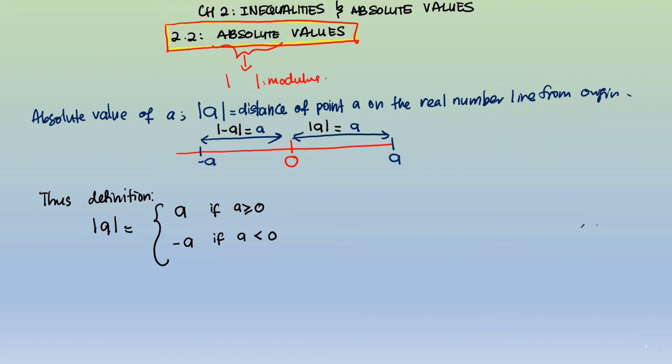You can see the symbol here. Here is less than 0, means negative only. Here is 0 and above. So one is positive, another one is negative. Or we also have another definition that we will use later. Our modulus A is also the same as the square root of A squared. So this is our definition of modulus A.